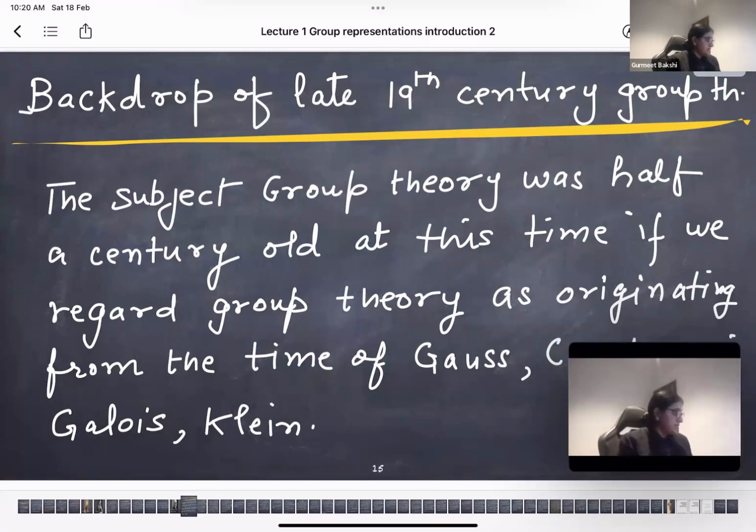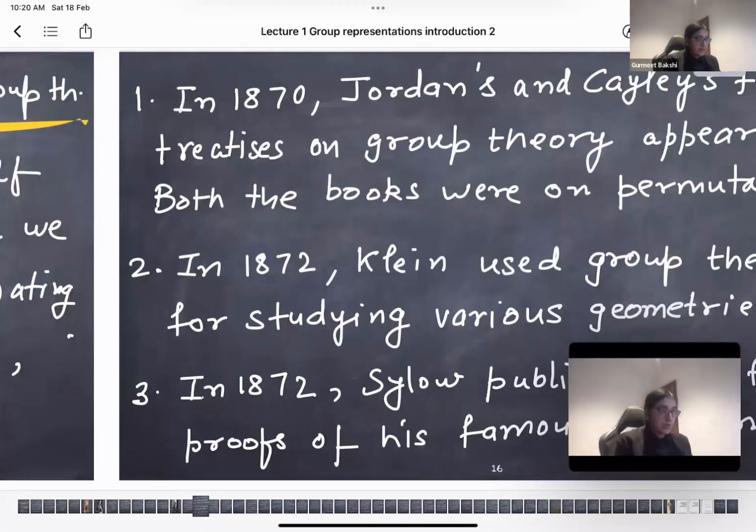But still in his teens, he developed necessary and sufficient conditions for the solvability of polynomials by radicals, which was an open problem for more than 350 years. So all this was happening.